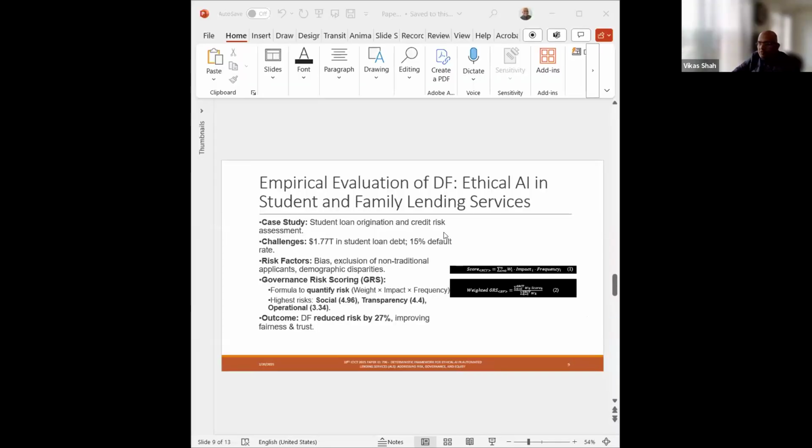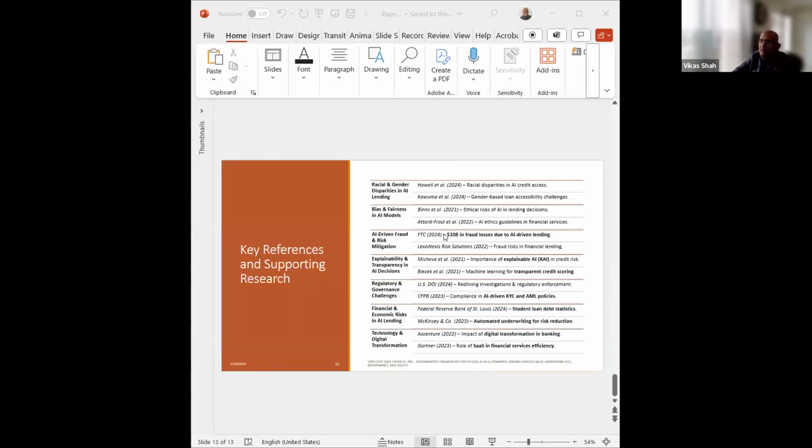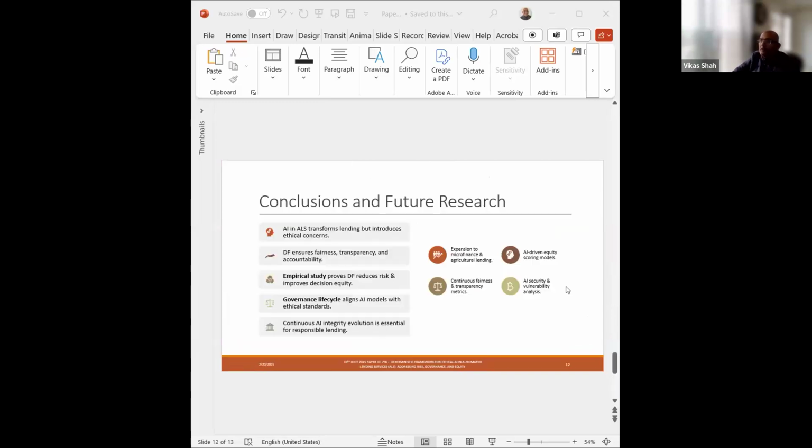So yes, the future work definitely includes continuous fairness and transparency metrics, right? We have focused on the GRS, but our upcoming work would include the continuous fairness and transparency metrics.